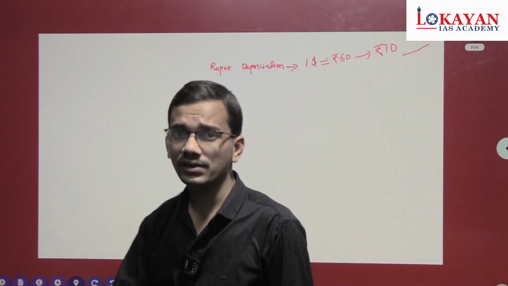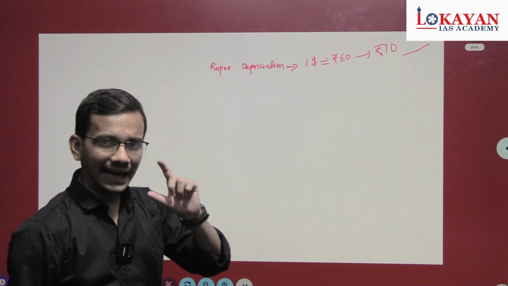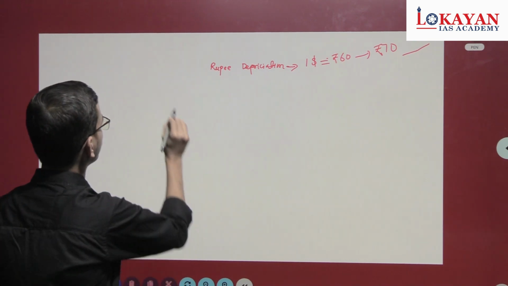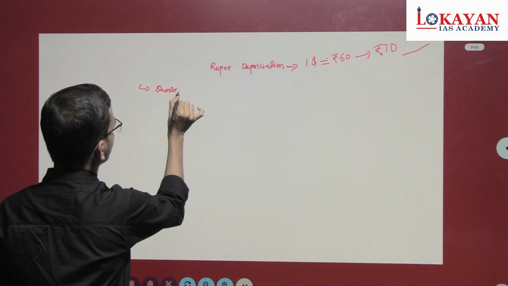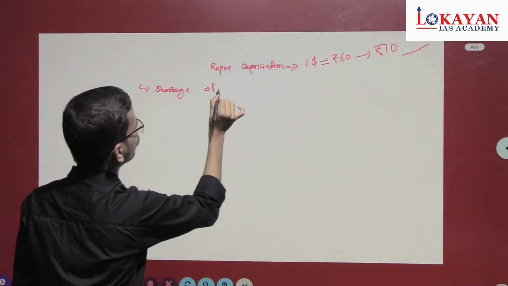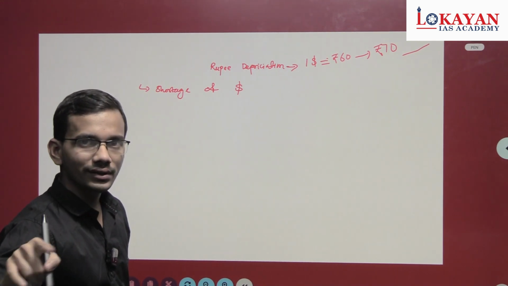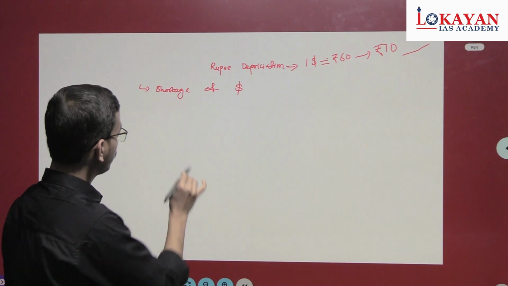There is more slide. Now, what is the key characteristic of this situation? That is, there is shortage of dollars. The demand of dollar is greater than supply of dollar.